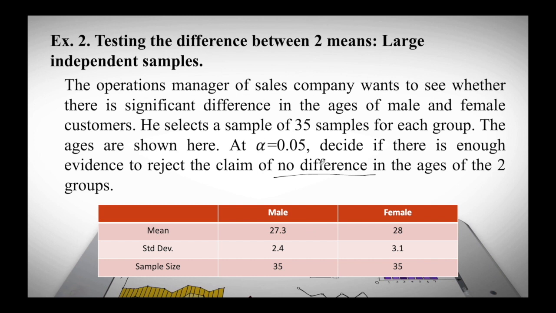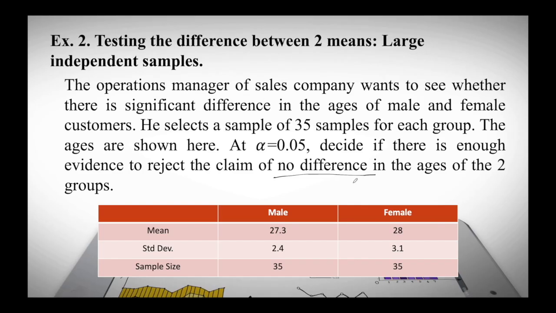So, since the claim is no difference, meaning to say, what will be our hypothesis? Our hypothesis now will be H sub 0: mu sub 1, yung male, equals mu sub 2. No, lagyan natin ng label para alam niyo, mu sub 1 and mu sub 2.